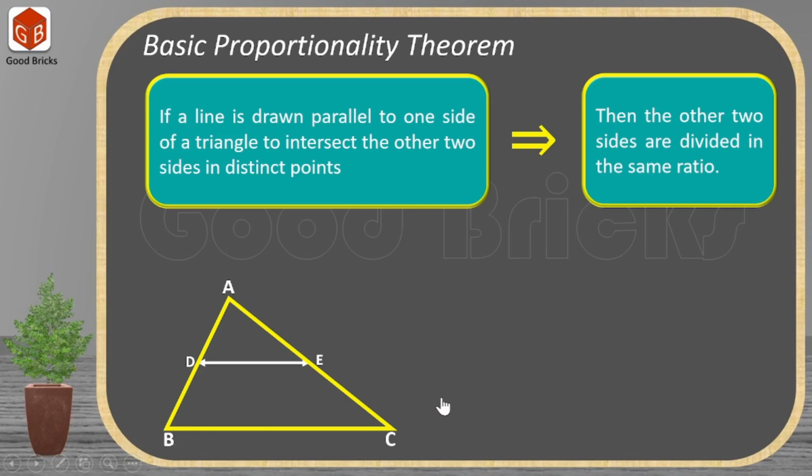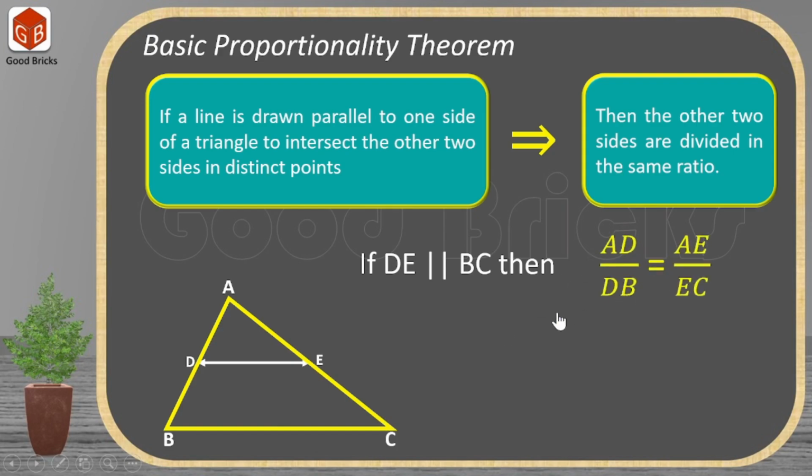So mathematically we can write: if DE is parallel to BC, then AD by DB is equal to AE by EC. This is what the basic proportionality theorem states.